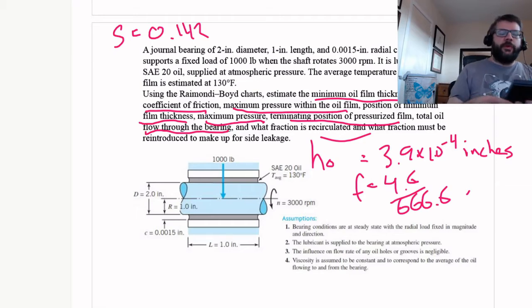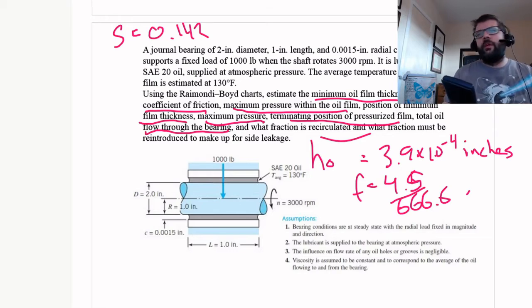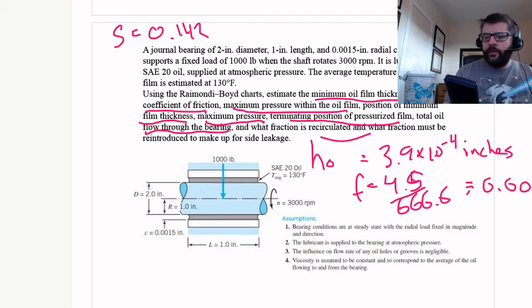Too many sixes on the brain. 4.5 divided by 666.6 gives us a coefficient of friction of 0.00675.